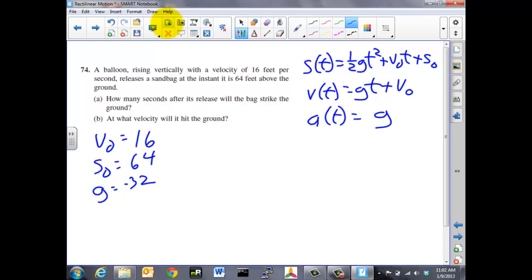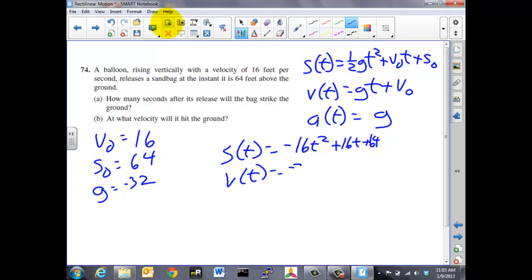How many seconds after it's released will the bag strike the ground? Well, let's plug in and get our real formulas here. S of t is -16t squared plus 16t plus 64.